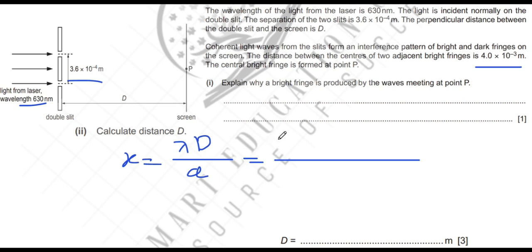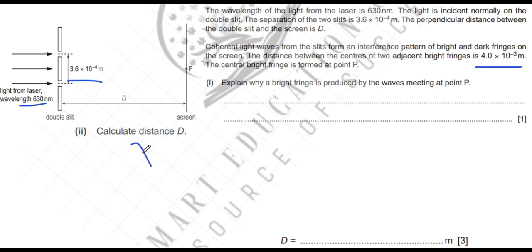The lambda was 6.3 times 10 to the power negative 7, times d was about, sorry, there's a mistake, they told us to find d. Let's write it again. Write the main formula first. Lambda equals to ax by d, so d should be equals to ax by lambda.